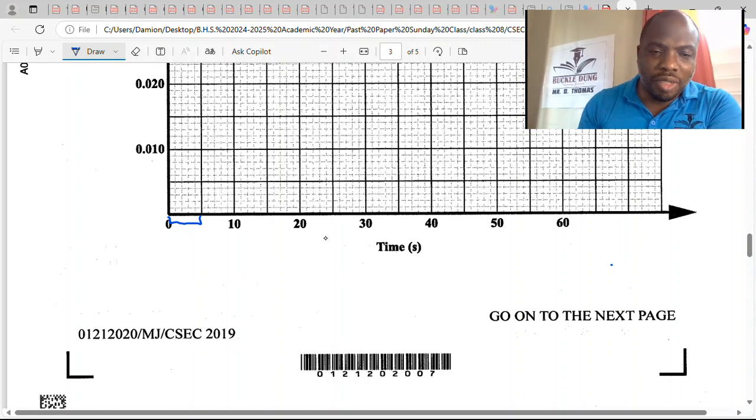So you're going to be saying 2 centimeters is equal to, so every 2 centimeters is 10 seconds. Okay. So that's on your x-axis.